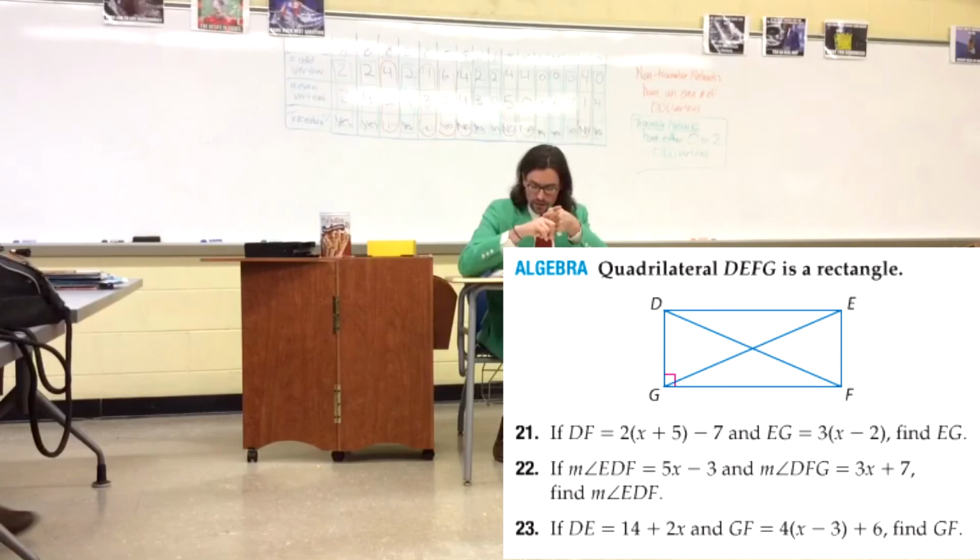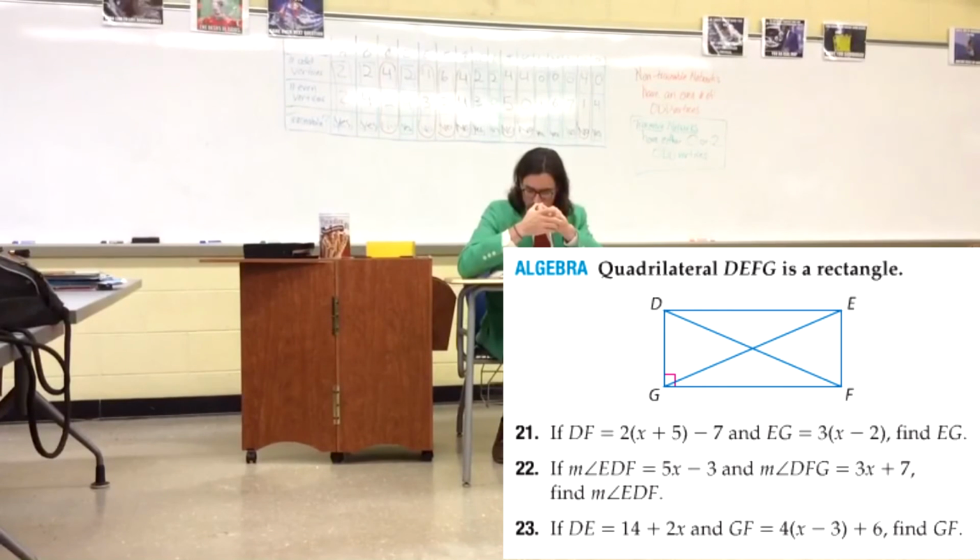In 22, you have EDF and DFG. Shreya, what's the relationship between EDF and DFG? They're congruent. If this was a rhombus, they would be congruent for that reason, because of the angle bisector.